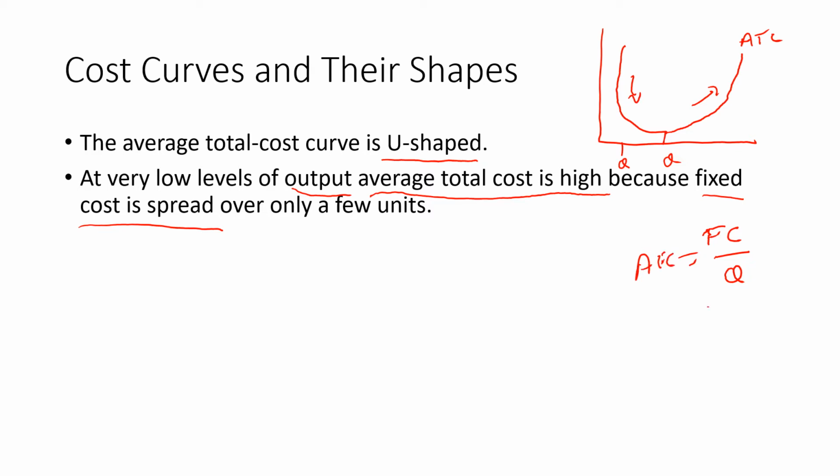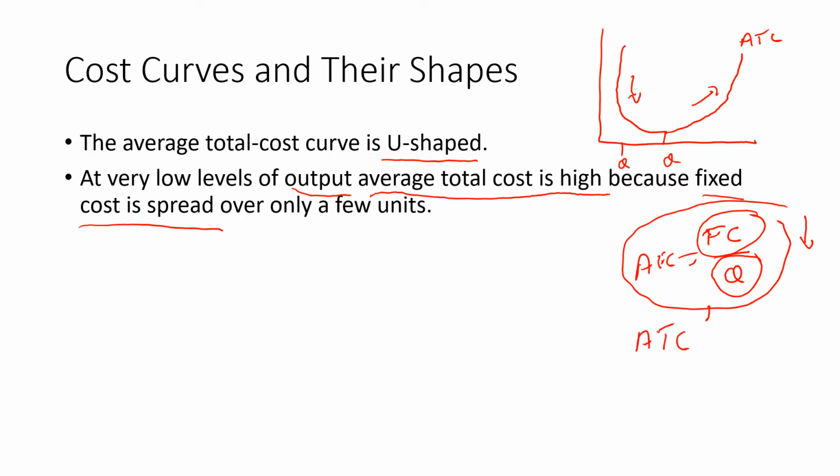Now when we are producing a single unit, the total fixed cost is divided over this single unit, and the more and more we produce, the average fixed cost declines, initially very quickly and later on with small marginal increments, and this causes the average total cost to decline because average total cost is equal to average fixed cost plus average variable cost. So when average fixed cost is declining, it causes the average total cost to decline.